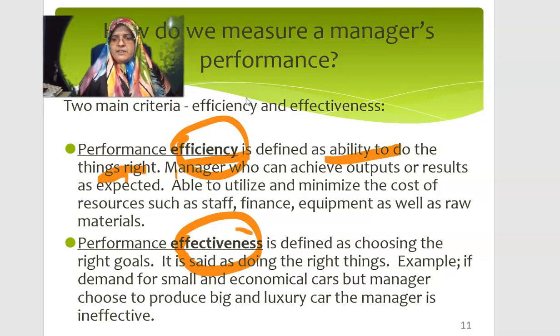However, effectiveness is defined as choosing the right goals. Managers who can achieve outputs or results as expected. If it is said as doing the right things, for example, if the demand is for small and economical cars, but the manager chooses to produce big and luxury cars, the manager is ineffective.